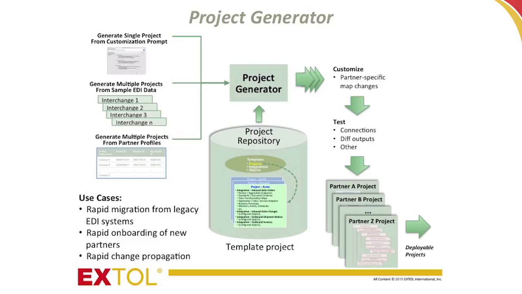Another option is if you have multiple trading partner profiles, you can use an Excel spreadsheet that has a list of 500 trading partner EDI specific items, run it through the project generator, and specifically decide which reusable objects you want to use, and it will create all of those objects for you.